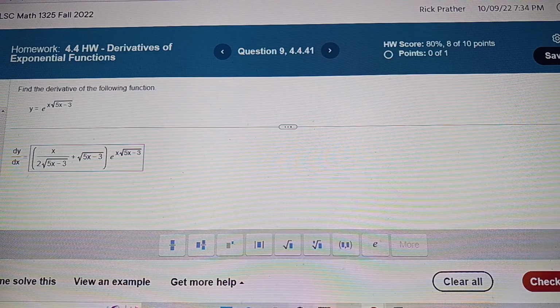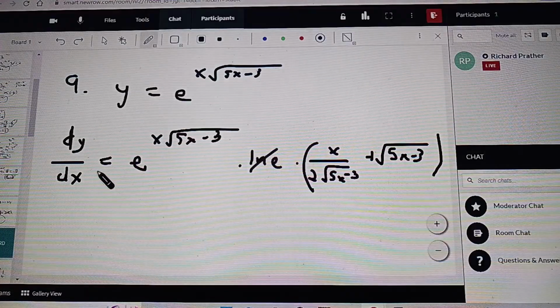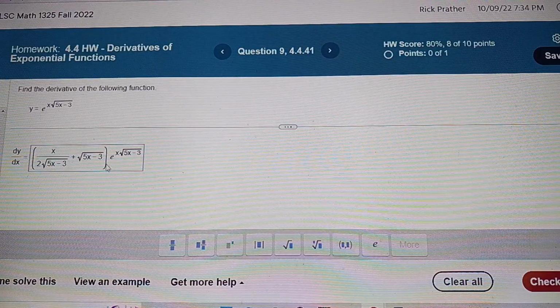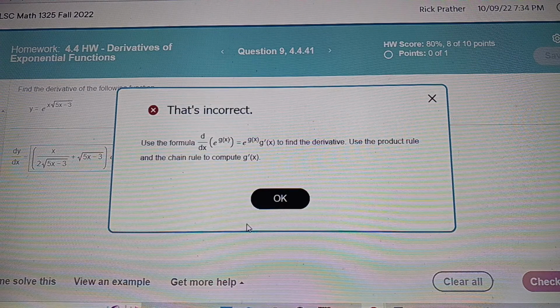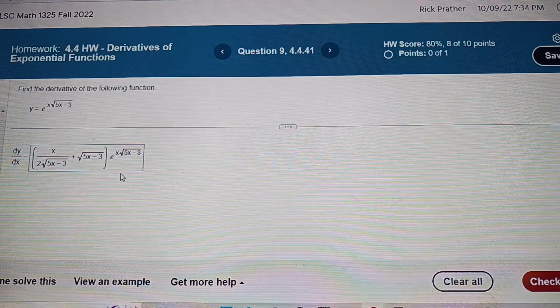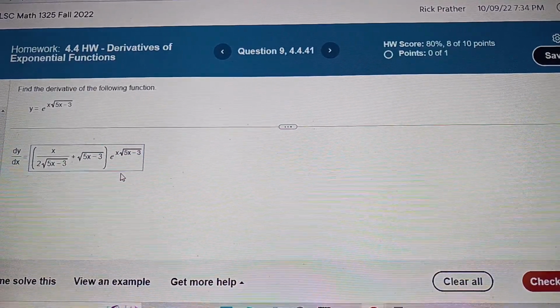Just double checking I typed it right, x over 2 square root of 5x minus 3 plus, yeah. Product. Oh, I know what I did wrong, chain rule. See, chain rule can happen more than once.